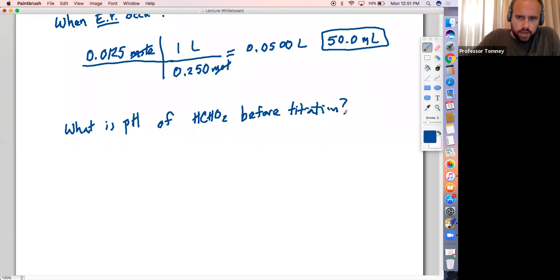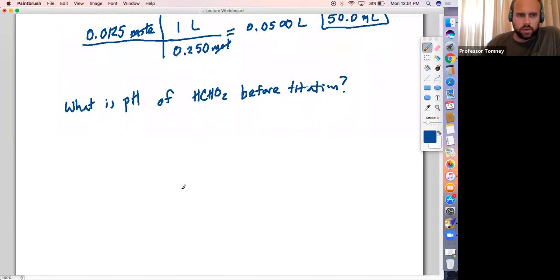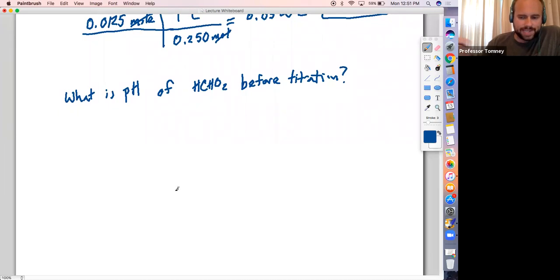So what does this mean? It means I want to know the pH of the acid that's sitting there before I ever add sodium hydroxide to it. And then the next step will be, let's add some sodium hydroxide. So we're technically still not doing any titration math right now. This is the type of math we've been working on the past week.